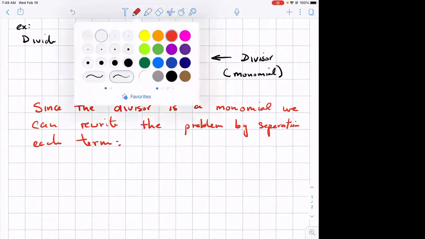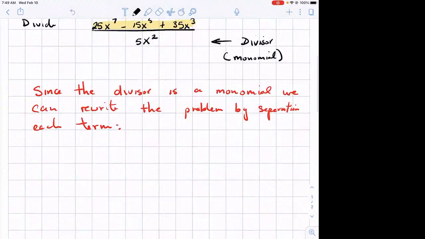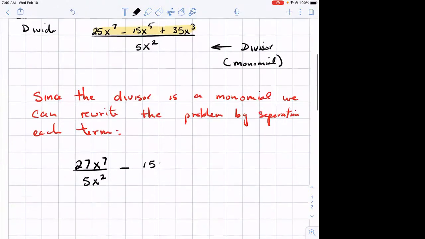So if we do this, we will get 27x to the 7 divided by my divisor, which is 5x squared, minus 15x to the 5th divided by the divisor, 5x squared, plus 35x cubed divided by 5x squared.